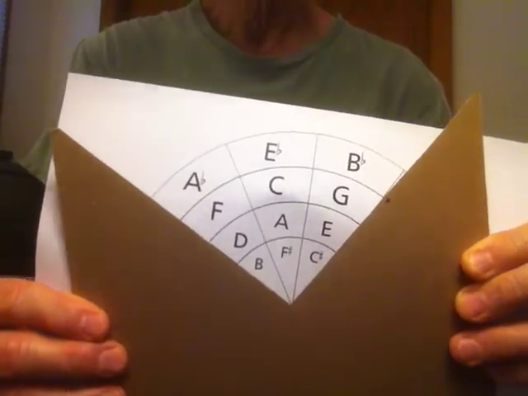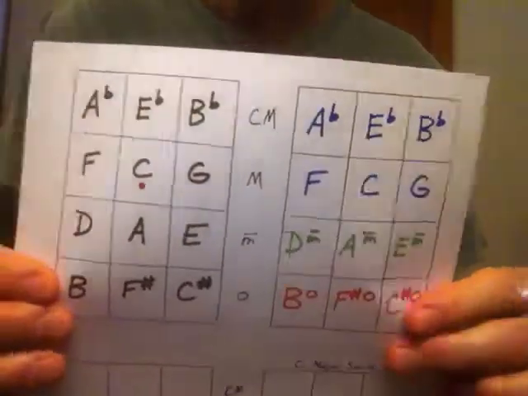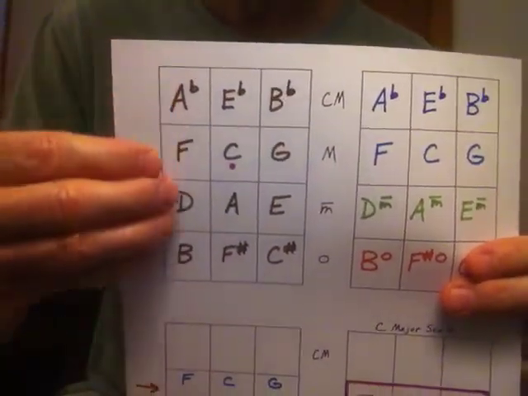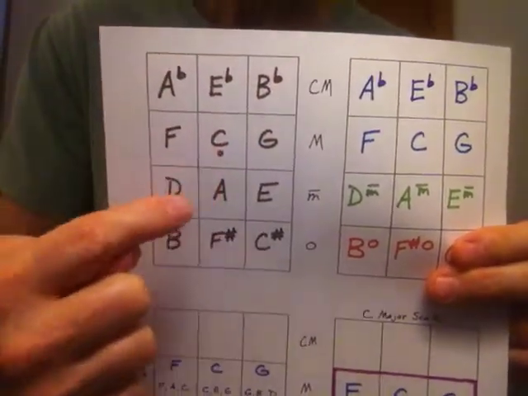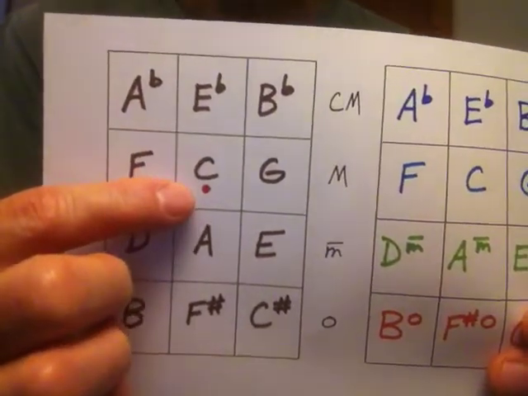Now once you understand that, you can do this. Now let's move to the rectangular version of this, so it's a little bit easier to see, right? So here we have the same thing, only in rectangular version. Here's your slices, and here's your data rings. And here's your tonal center, C, put a little dot there.